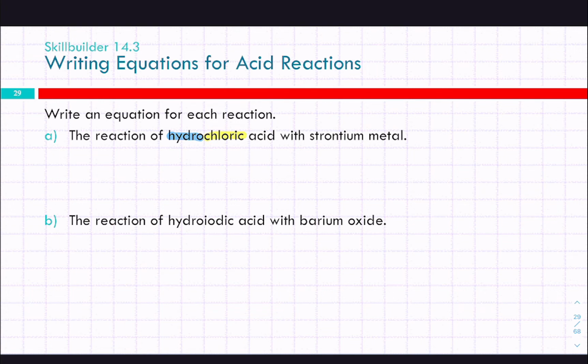So that means it's going to be HCl. And then strontium metal is just going to be Sr. So because this is a reaction with just a metal and not a metal oxide, the products are going to be H2 gas plus SrCl2.